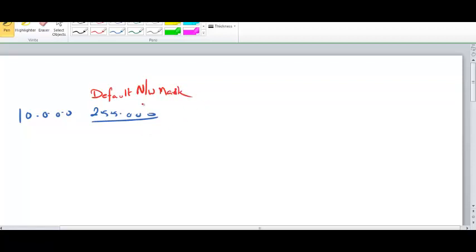So the default mask for the 10 network is 255.0.0.0. The reason is it comes under class A, right?